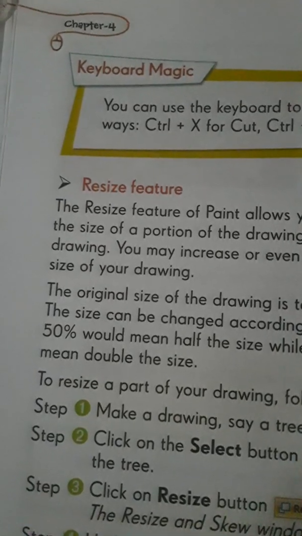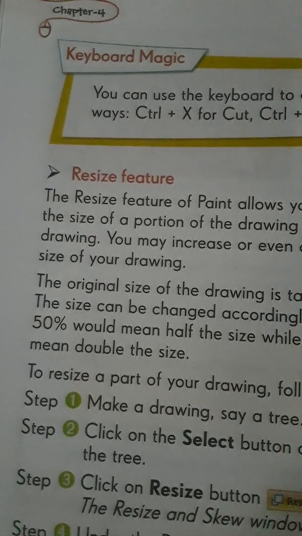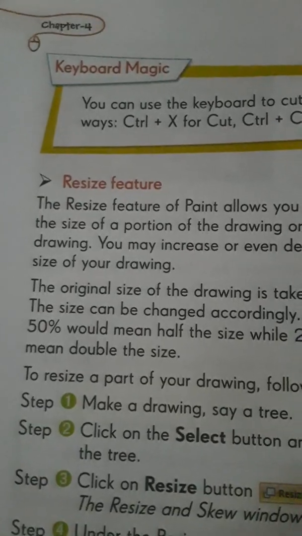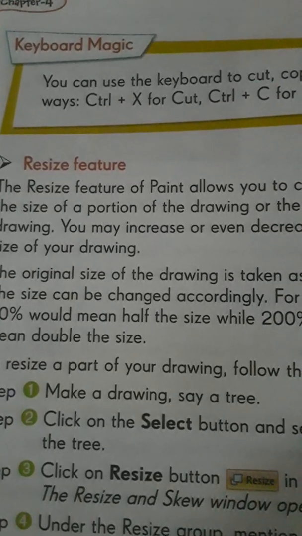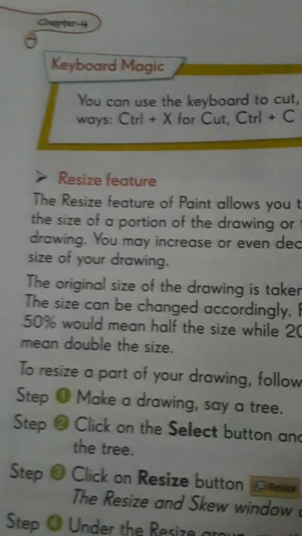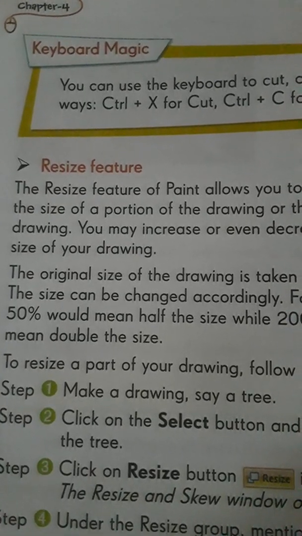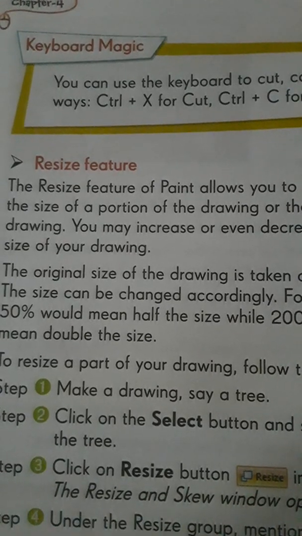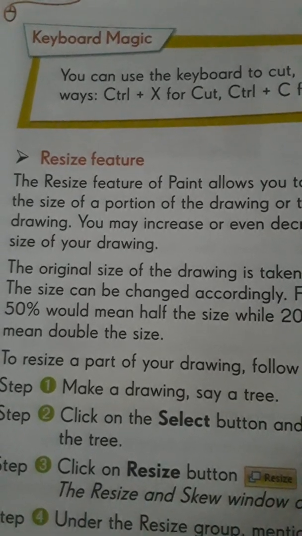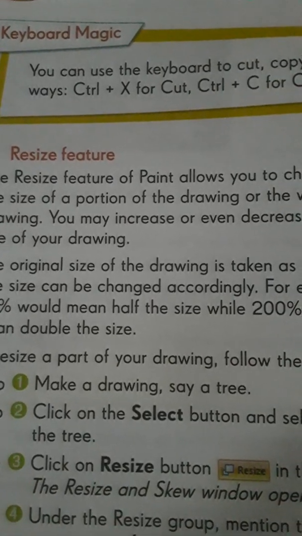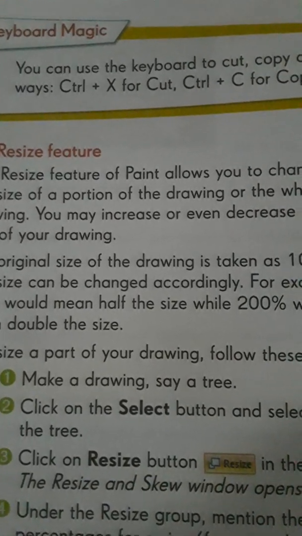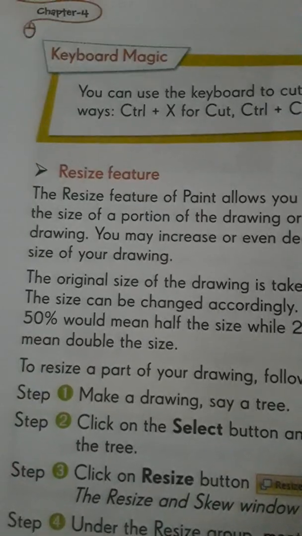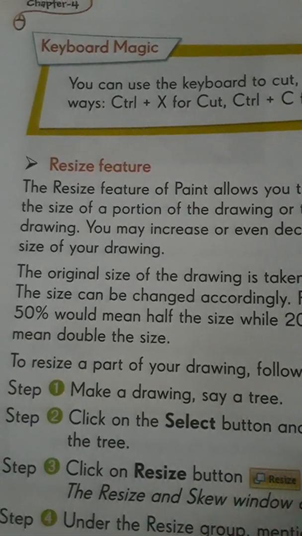We can use the resize feature in MS Paint to change the size of a portion of the drawing or the whole drawing. By this, we may increase or decrease the size of our drawing.